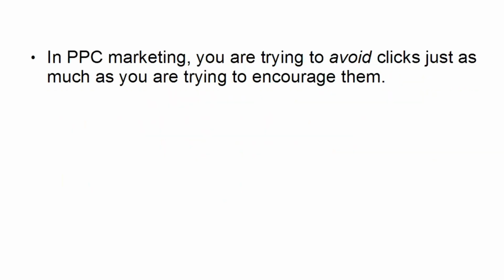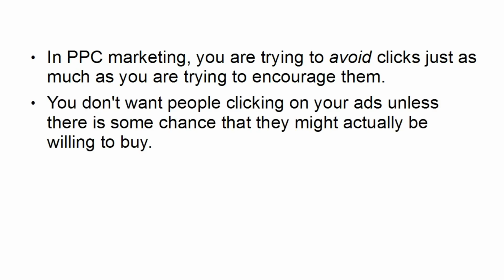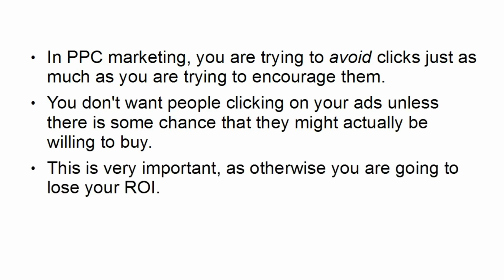Now, in pay-per-click marketing, because this is the version of Facebook marketing we're going to focus mostly on, you're trying to avoid clicks just as much as you're trying to encourage them. And you don't want people clicking on your ads unless there is some chance that they might actually be willing to buy. And this is very important.